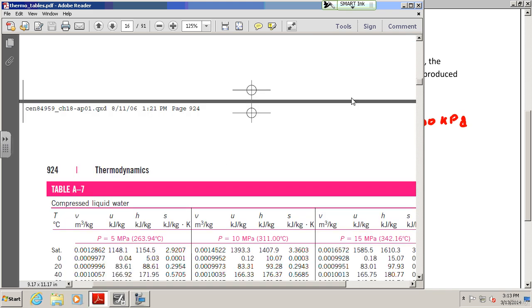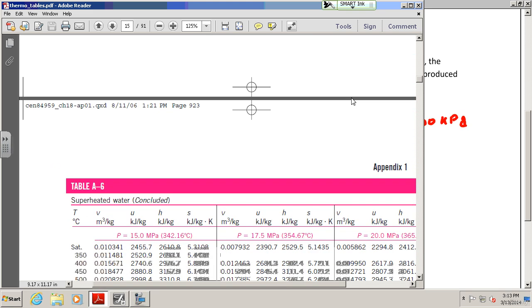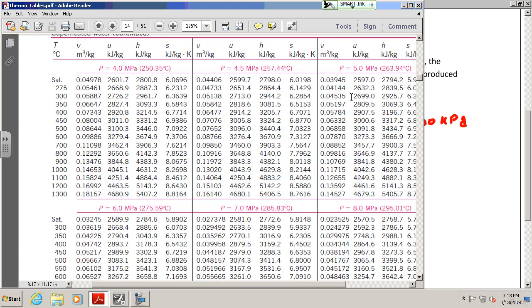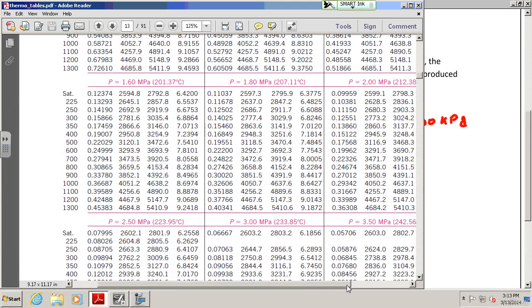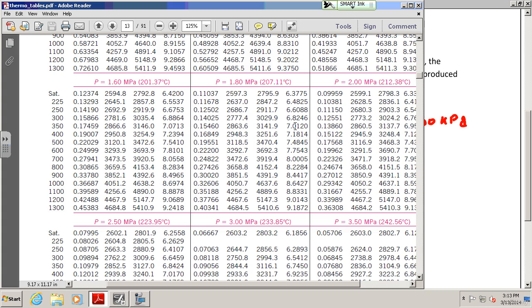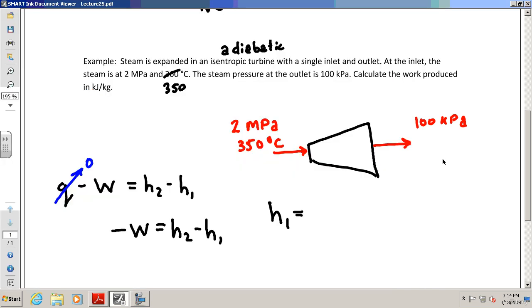Let's see. 2 megapascals and 350 degrees Celsius, my H is right there, I believe. 3137.7. Does that look right? Looks good to me. 3137.7 kilojoules per kilogram.